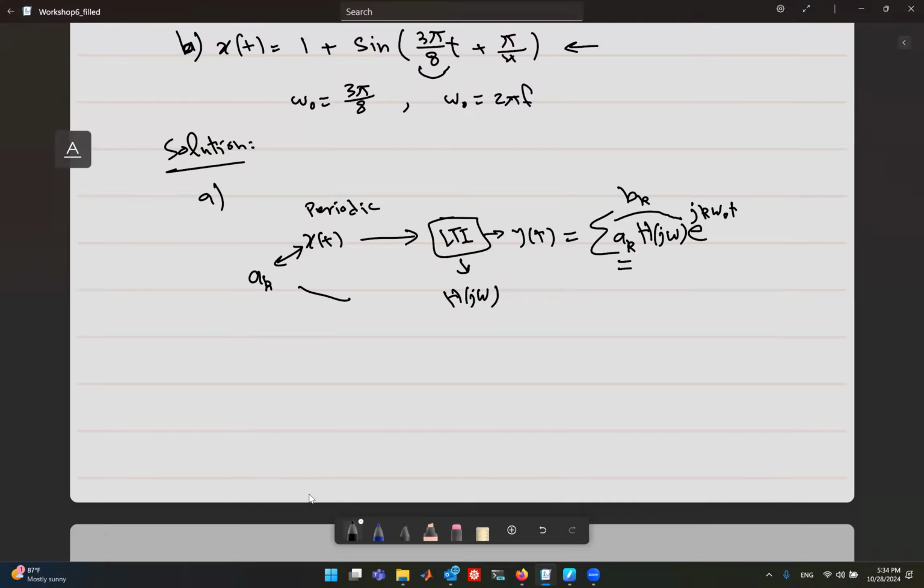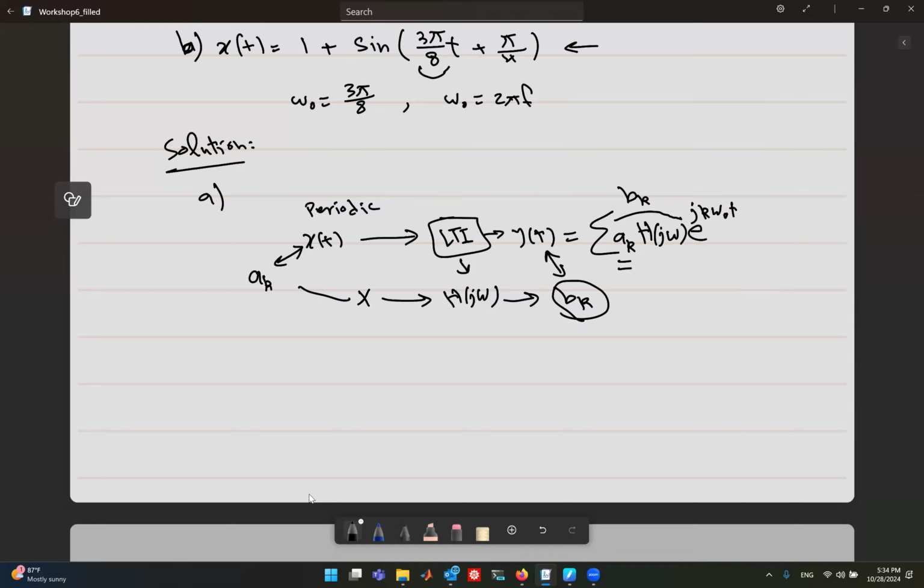We just multiply them and we get bk, which completely represents yt, right? Because once we get bk, we can move to yt, since yt can be represented this way as a Fourier series. We just do the summation of bk times exponential jk omega naught t. So we have this relation.